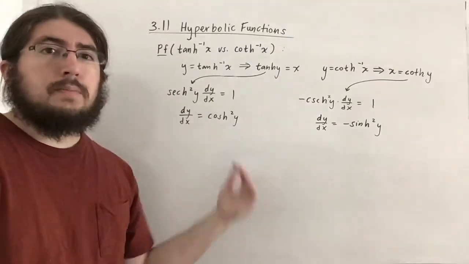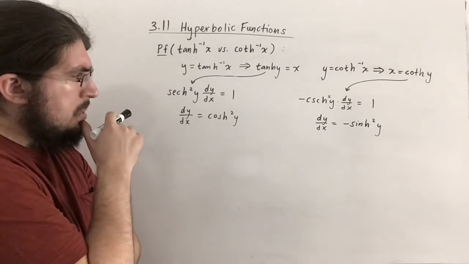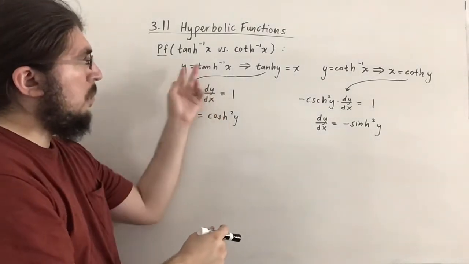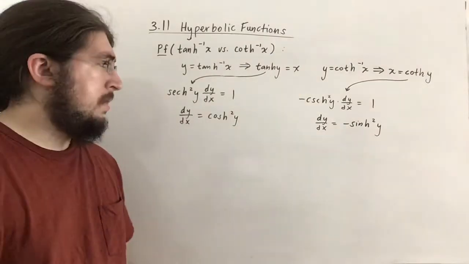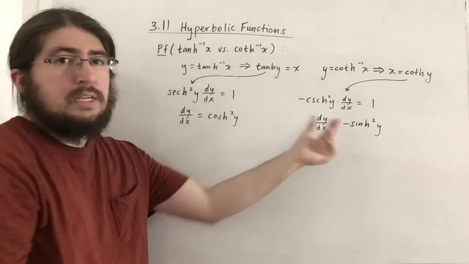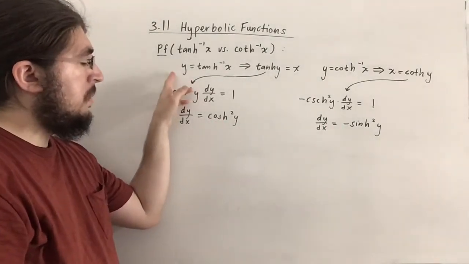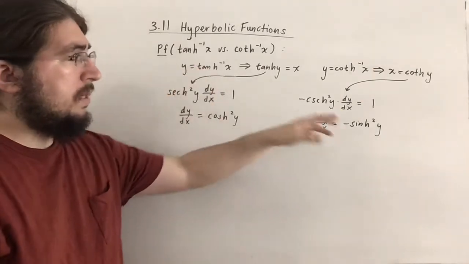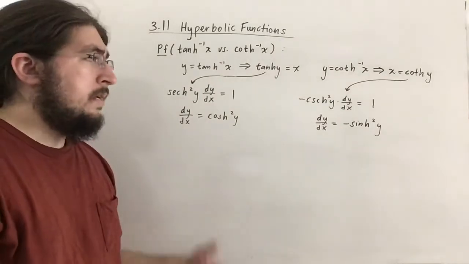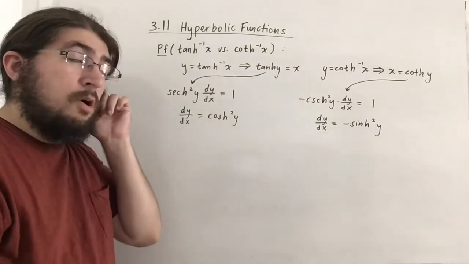And now, these are supposedly the same, which sounds a little weird, but notice that these aren't actually the same because y is defined differently for each of them. These aren't necessarily equal for all values of y, but when y is the inverse of tangent hyperbolic, and when y here is the inverse of cotangent hyperbolic, then maybe they are actually the same expression.